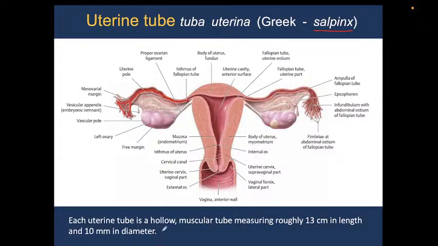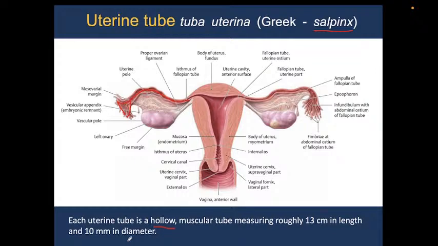So we should call such an organ a hollow organ, and usually the length of the tube is about 13 centimeters, sometimes 10, sometimes 11, but that is the standard length of the uterine tube, and it is about 10 millimeters in diameter.